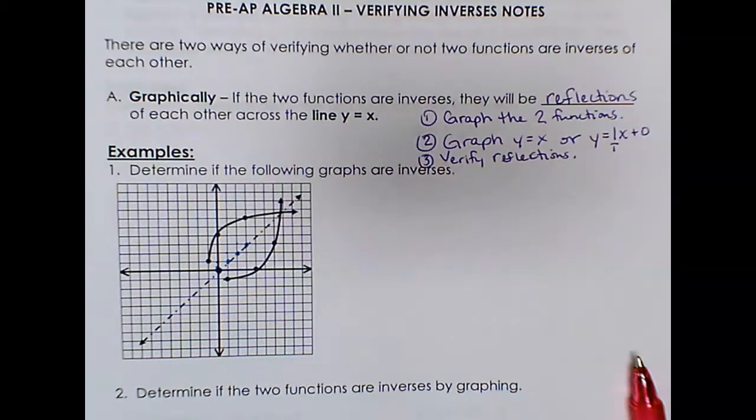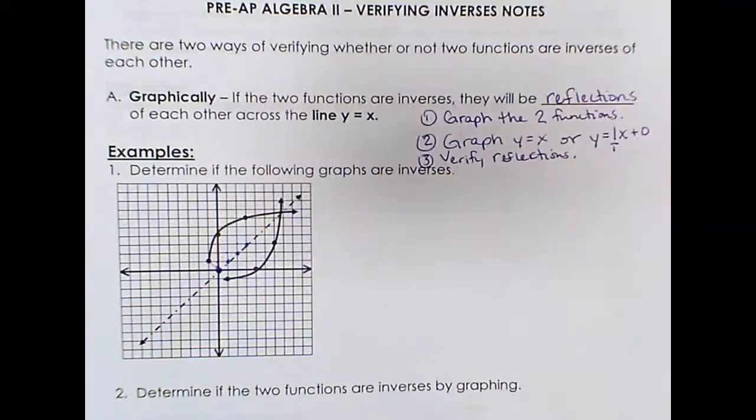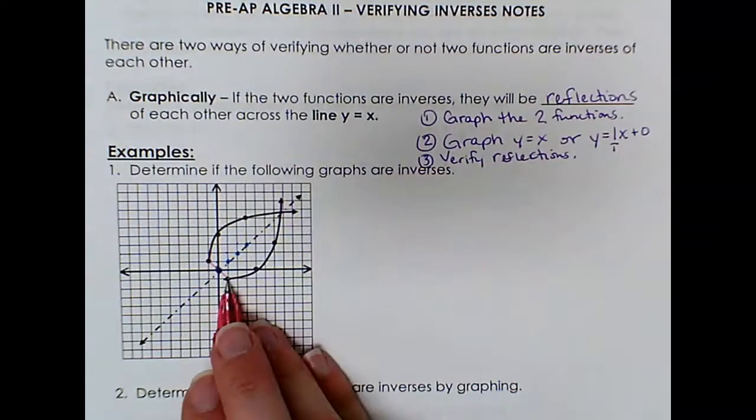Finally, I need to verify that these are indeed reflections. With every point that I'm given, I want to make sure that there is a point on the other side of y equals x that mirrors it. So I'm going to count diagonally to the line of reflection. Here I count one diagonal box to the line of reflection, and one diagonal box past the line of reflection. I end on my other graph.